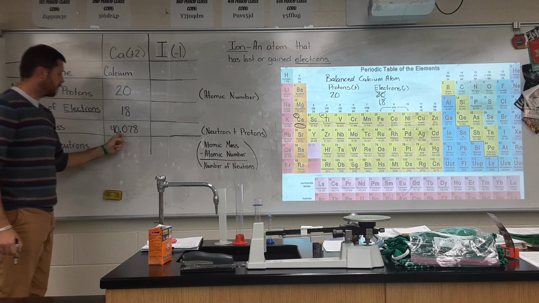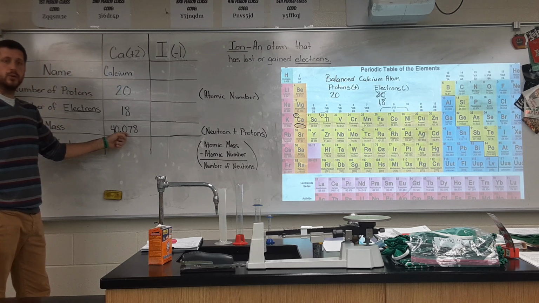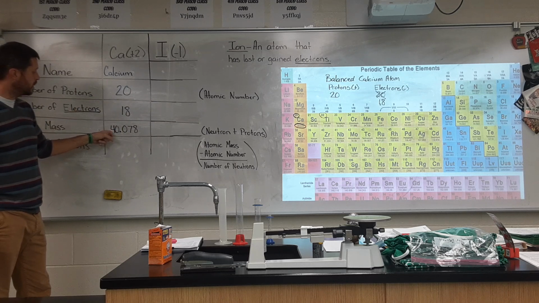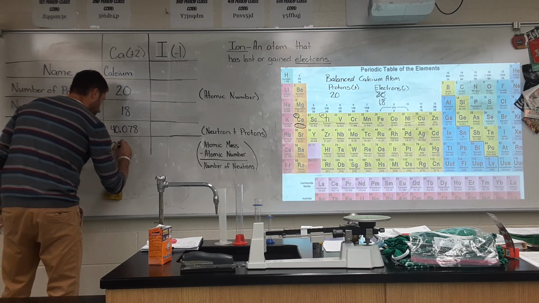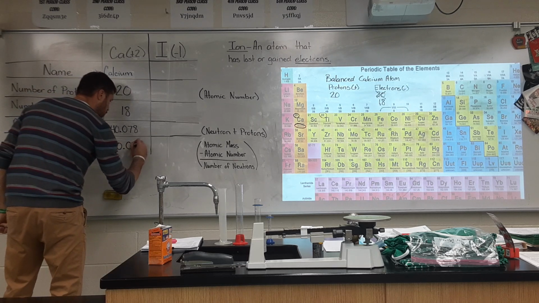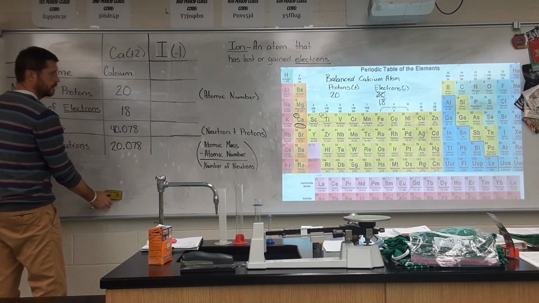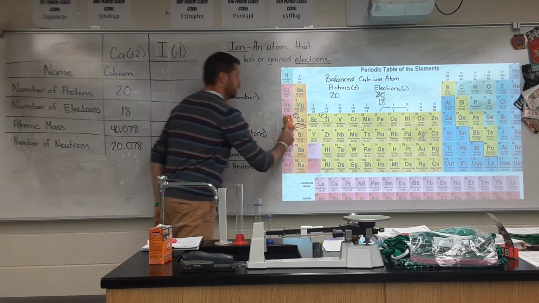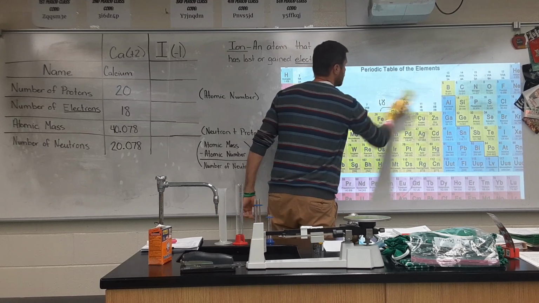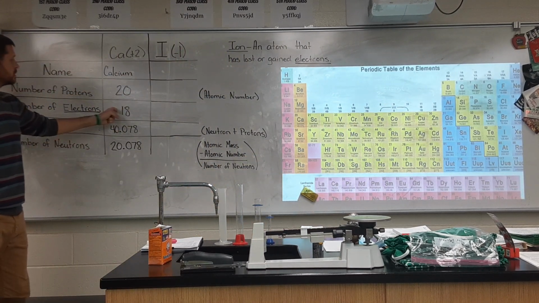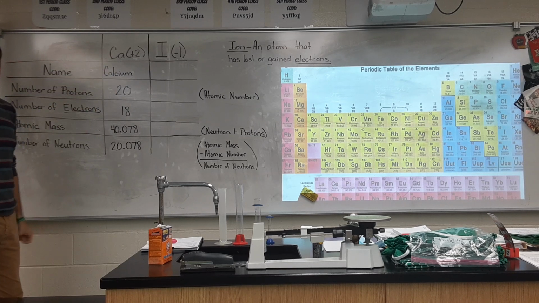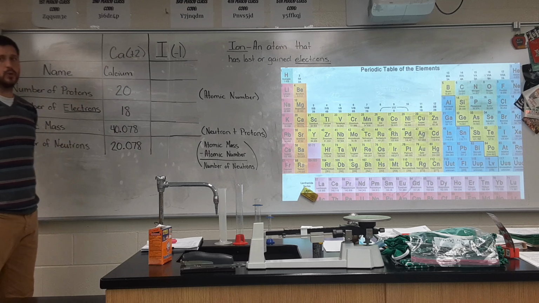All right, so we have about 40 neutrons and protons. And I know I have 20 protons, so 40.078 minus 20 is going to be 20.078. All right? So that's our cation, which loses electrons. So we lost 2 electrons. Our protons outnumber our electrons by 2. All right? That's why it is a positive 2 charge.